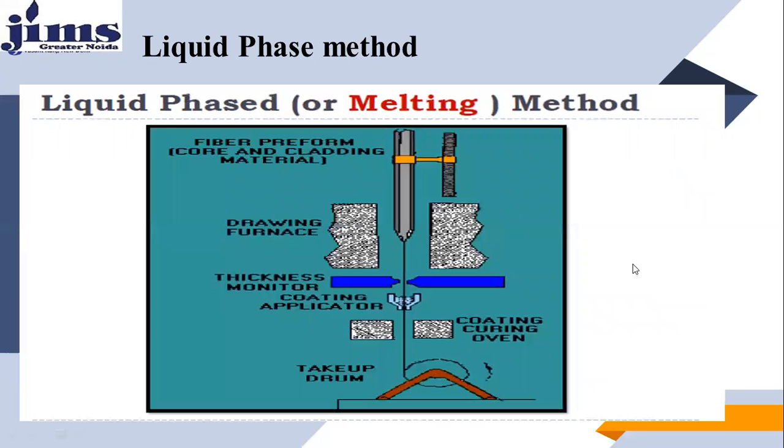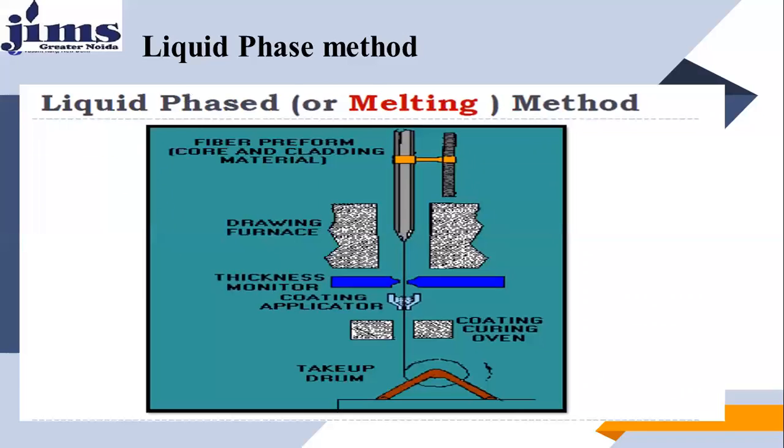And this is the figure of this particular liquid phase method. First of all, we have a drawing furnace that has this molten rod that we call a preform, and then there is a thickness monitor. We also monitor the thickness because the thickness of the optical fiber is very small.